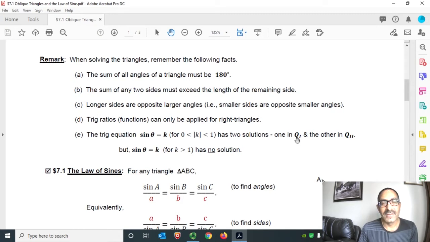That means first quadrant and second quadrant. But sin theta equals k, where k is strictly greater than 1, has no solutions, because sin theta has maximum 1 and minimum minus 1. Great. Now let's begin section 7.1.